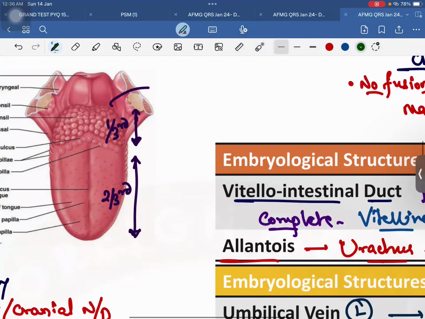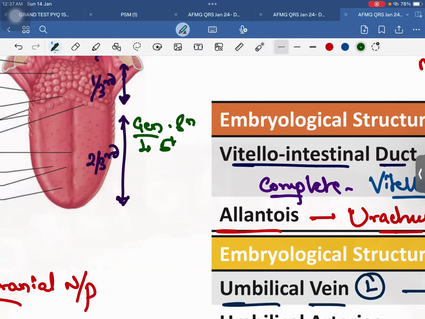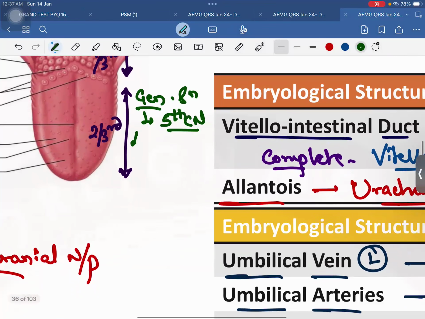In the anterior two-thirds of the tongue, there are two kinds of sensation: taste and general sensation. The general sensations like pain, temperature, touch, and pressure are carried by the fifth cranial nerve, the trigeminal nerve. Which branch? The mandibular nerve. And which branch of the mandibular nerve exactly?